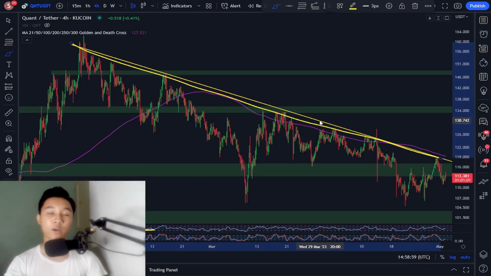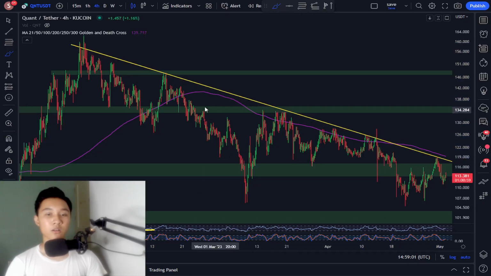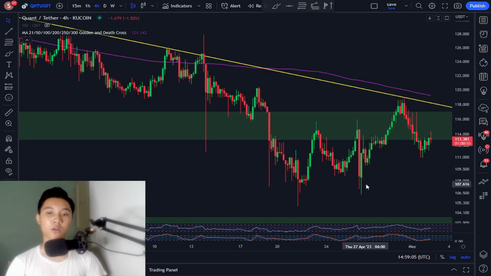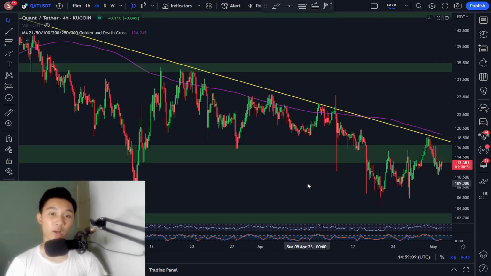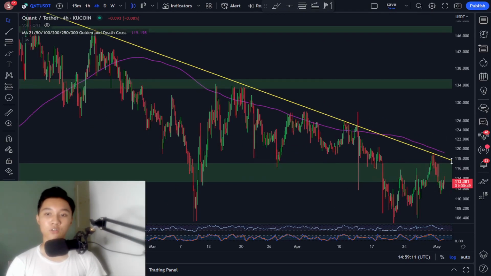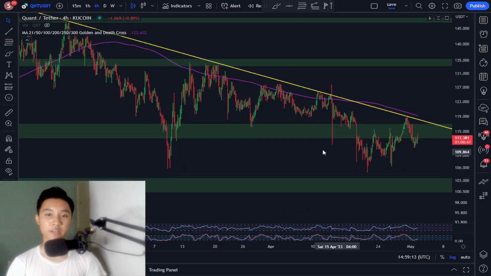Another way to identify the bottom of a trend is looking out for bottoming patterns. One example is right here, where the Quant price could be forming a double bottom pattern.